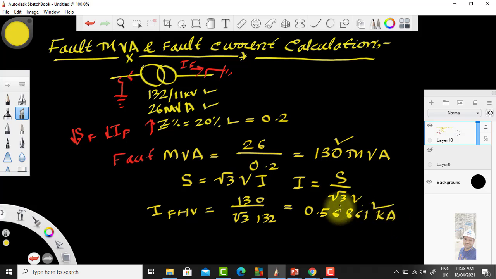So this much current will flow on the HV side.